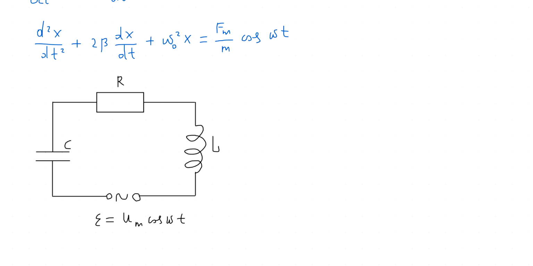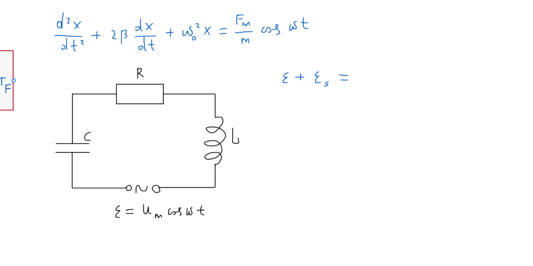So I mean that the electromotive force here plus the electromotive force of self-induction that occurs in inductance, this sum will be equal to the voltage across resistance plus the voltage across capacitor.